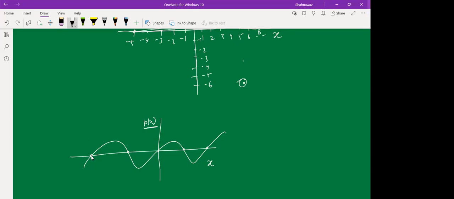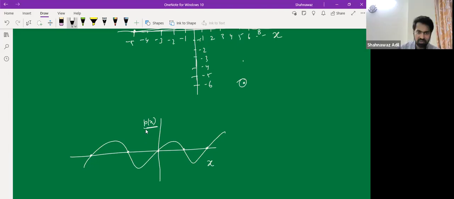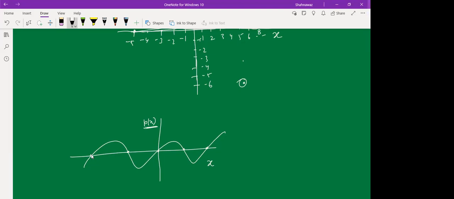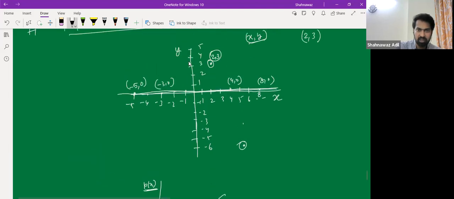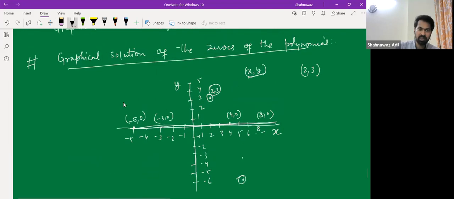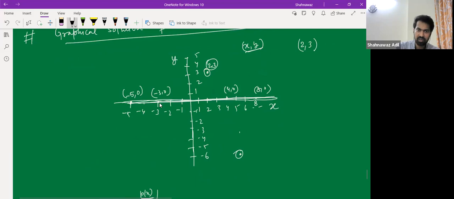So the value of y, which is p(x), would be 0 here. Is that clear? Just take the analogy from here. On the x-axis, the value of y was 0 everywhere. Right, on this axis, the value of y was how much? 0. Is this part clear?